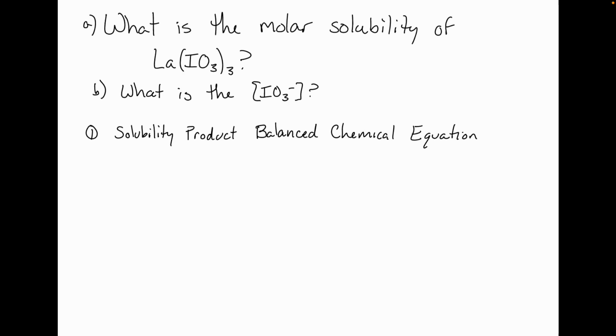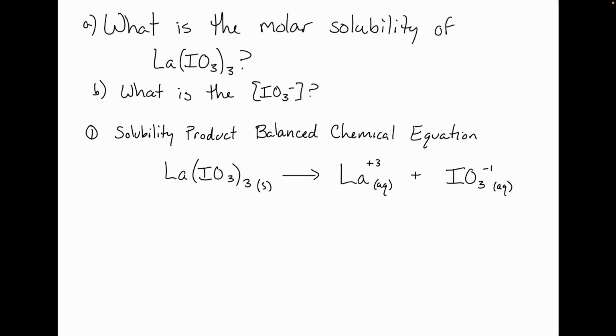All right, so I'm going to take my solid lanthanum iodate. That's going to dissociate into these lanthanum ions, as well as iodate ions. And everybody take a second to balance this chemical equation, because we're not going to be able to use it unless it's balanced.